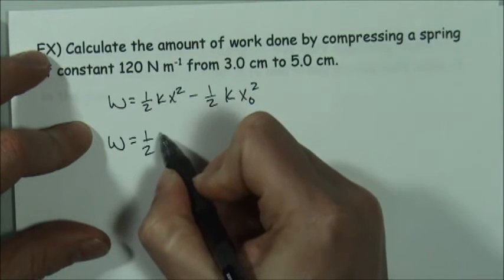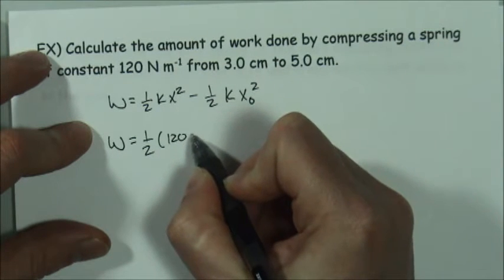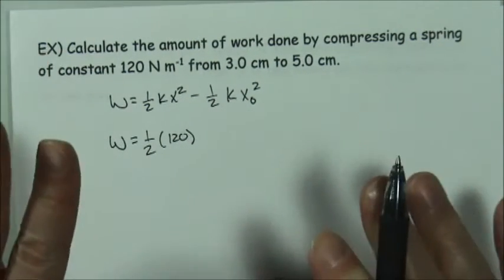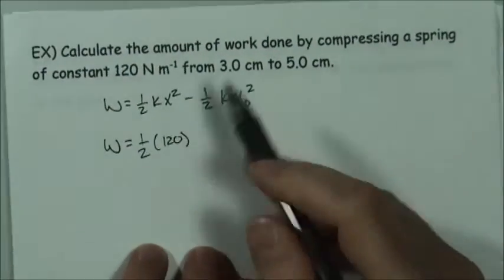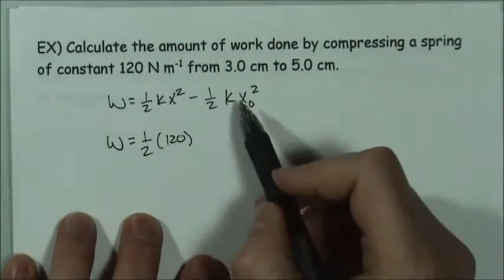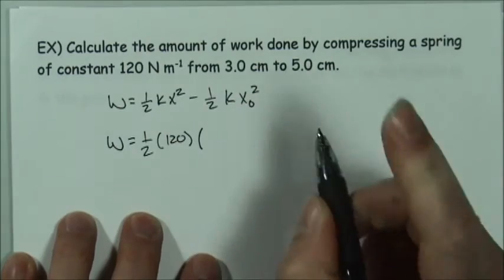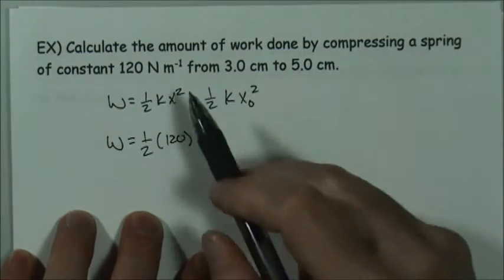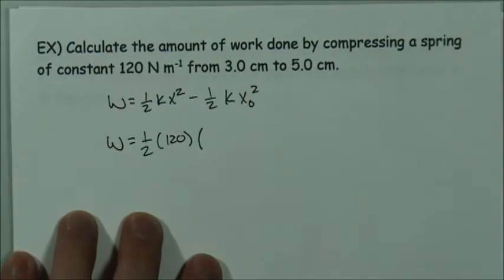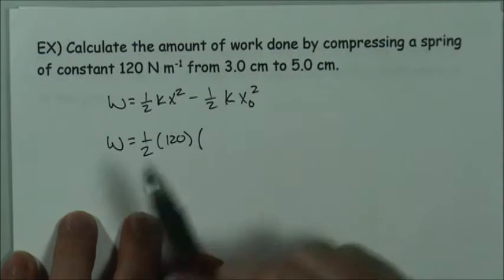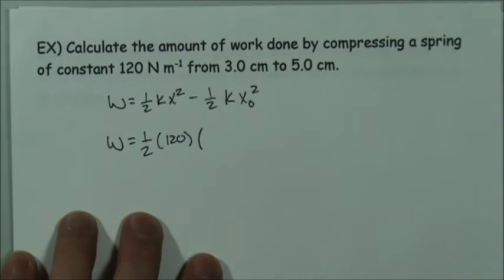So this is 1/2 times 120. Now, just to remind you, we could factor out the x squared minus the x naught squared, which I am going to do, but there's one issue, and that is that the units for the spring constant were given in newtons per meter, and that means that the units for the extension must also be in units of meters.